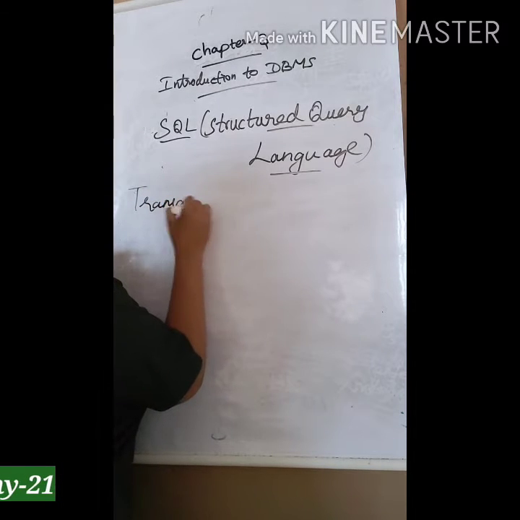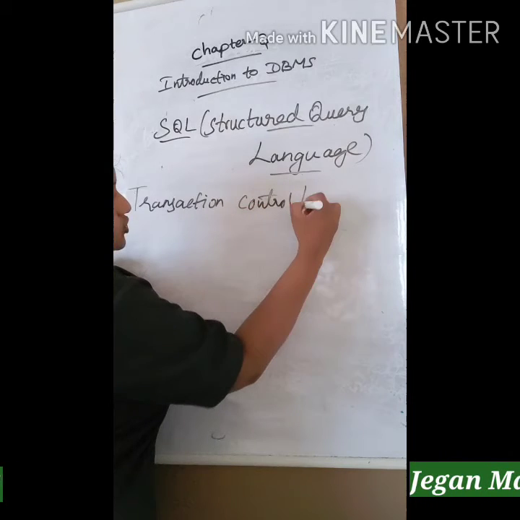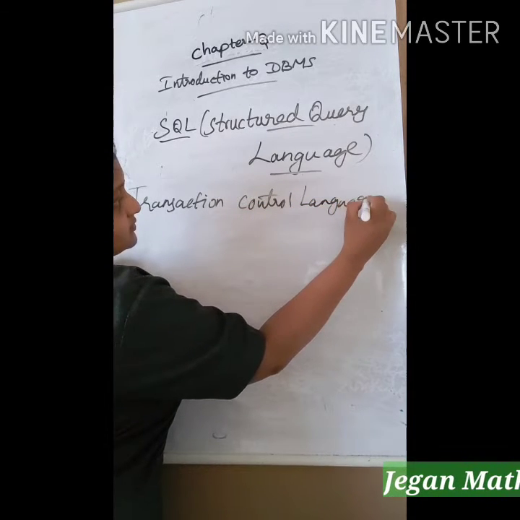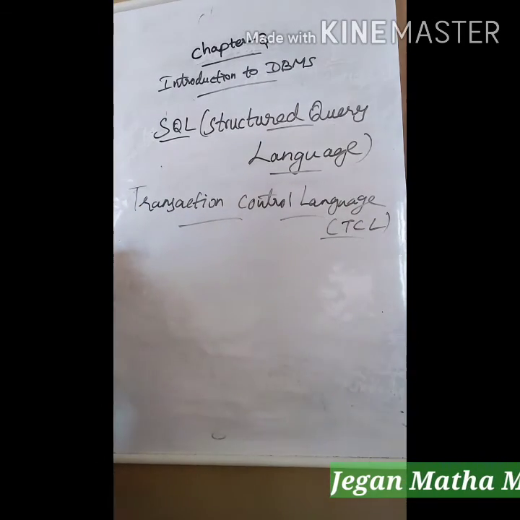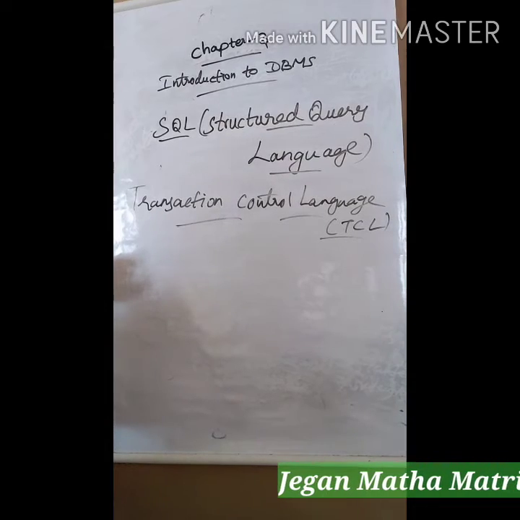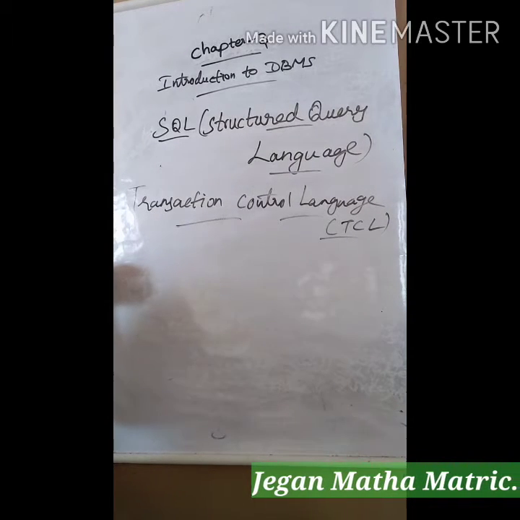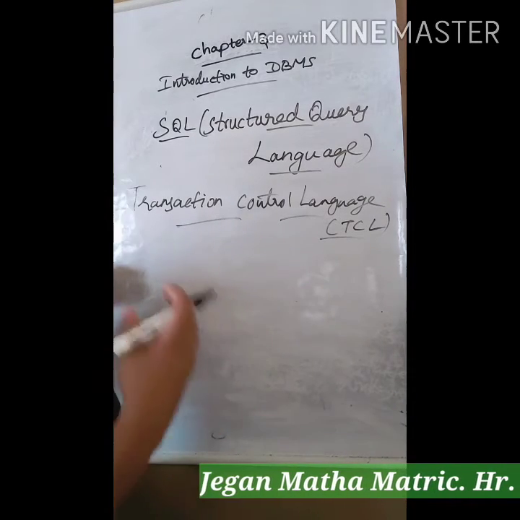Transaction control language, TCL. This command is used to manage the transaction in a SQL database, and it also helps to save the changes into a database permanently.